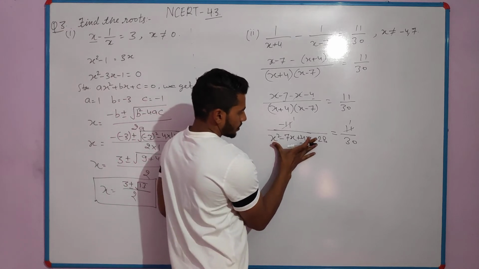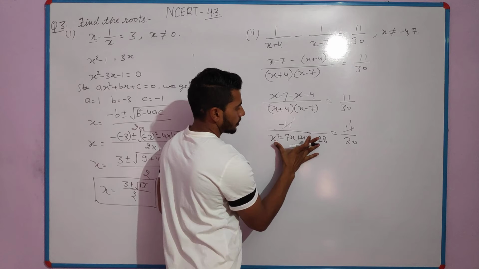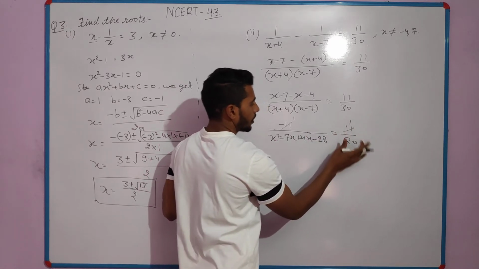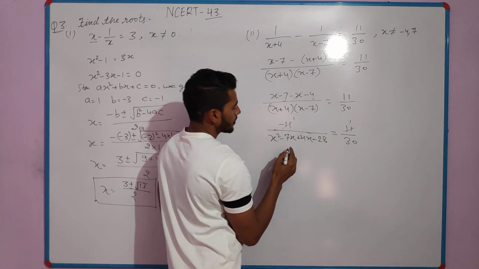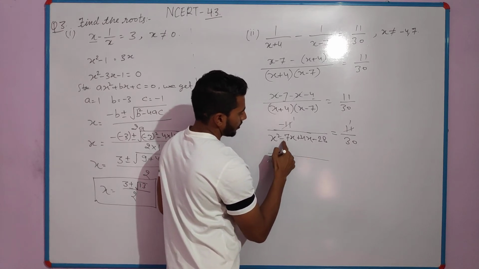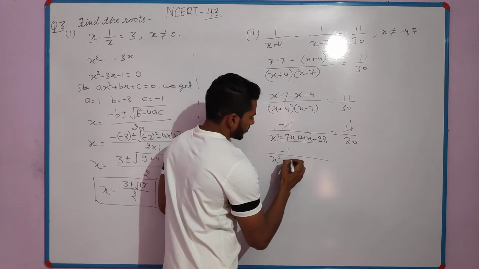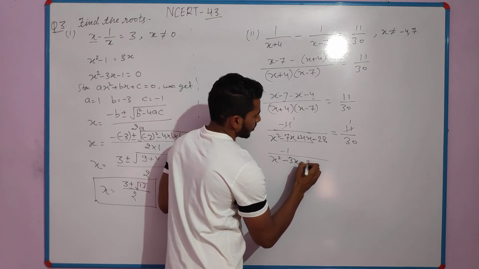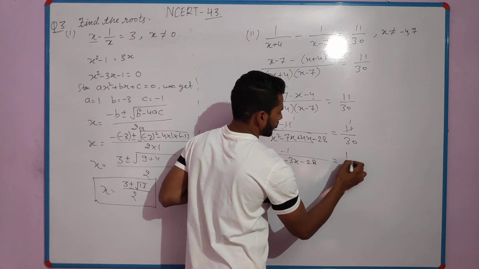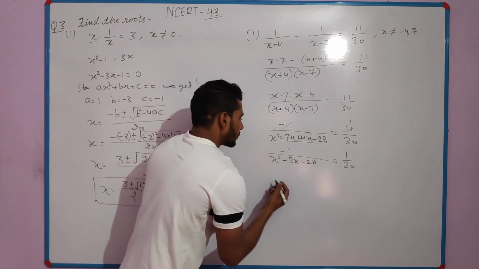So this will be, if we do cross multiply, this will be multiplied with 1 and this will be multiplied with minus 1. So minus 1 over x square minus 7x plus 4x, we get minus 3x minus 28 is equal to 1 over 30.